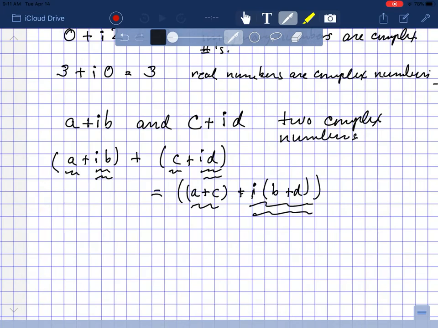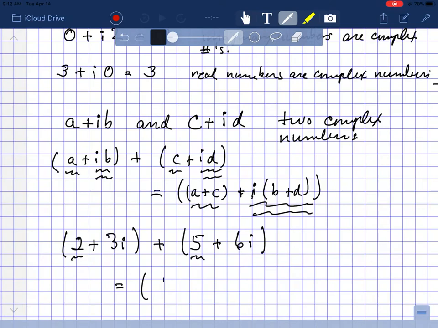So let's take a look at how this works. So I have 2 plus 3 times I, and again I can write this I times 3 or 3 times I, plus 5 plus 6I. Okay, so this is equal to, I'm going to sum these two complex numbers together. So what I'm going to do is I'm going to sum the two real numbers together, the 2 and the 5.